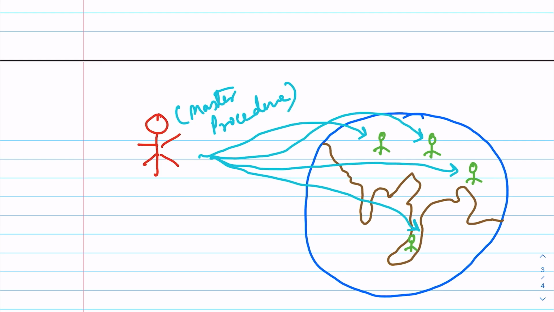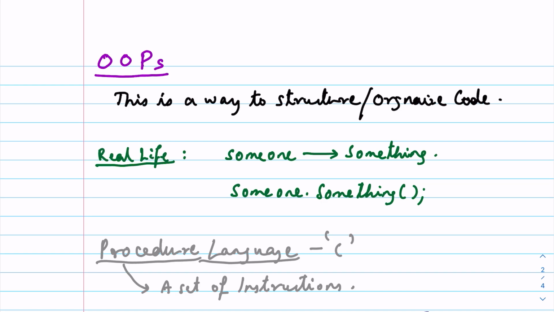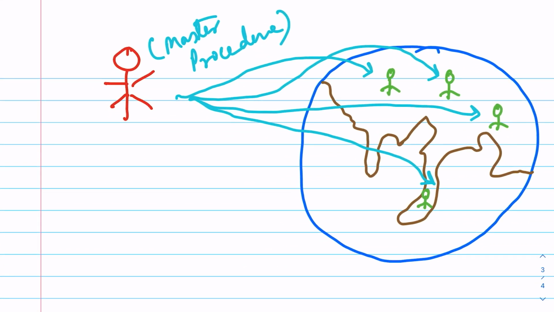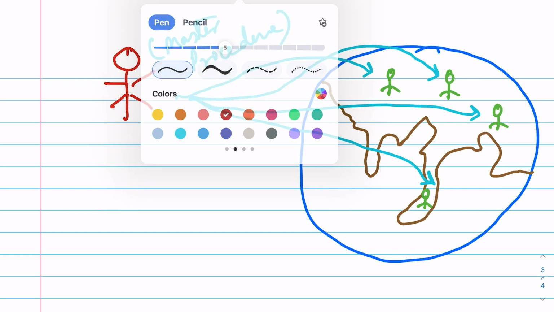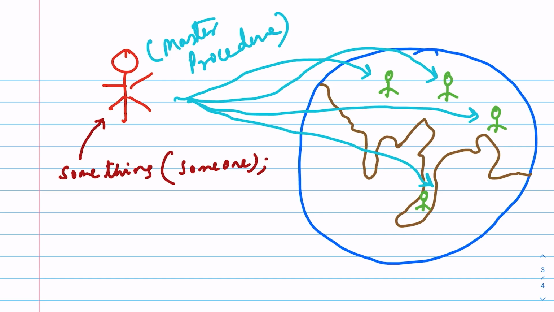So there can be a difficult scenario. As I said, in the real world someone acts on something, but in procedural oriented languages this rule is getting violated. Here something is trying to access someone and modify it, that is, this is trying to access these entities and modify them.